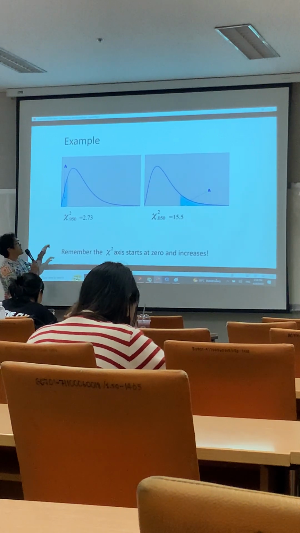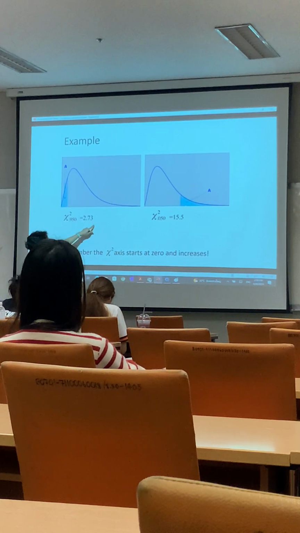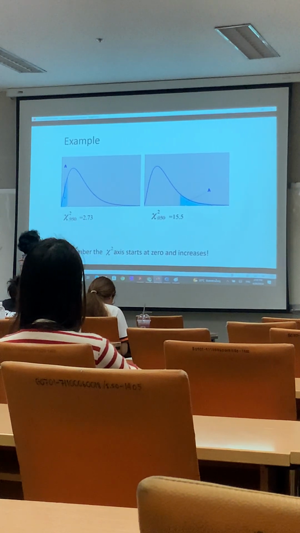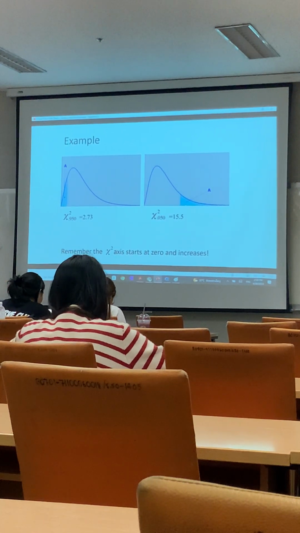And you can see that this chi-square 2.73 is less than that, because that is in the upper tail, so it's higher than this. And you cannot have a negative chi-square value, because chi-square value is always positive. Okay, any question?